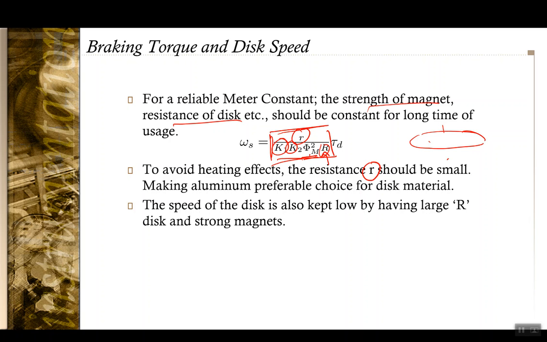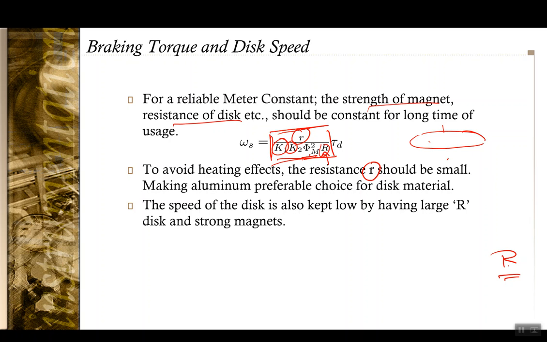By choosing the radius to be slightly large, we can keep the speed of the disc low, so that the number of revolutions required to indicate 1 kilowatt hour, say, is also minimized.